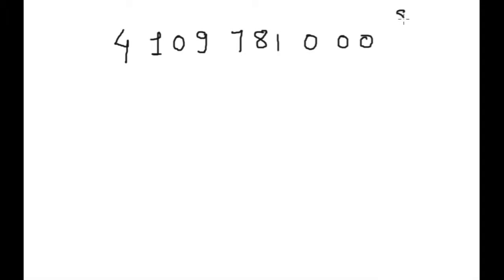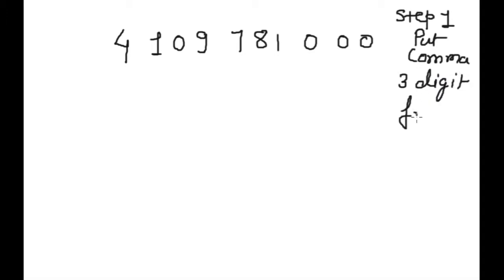So our next example is 4109781000. Step 1 is put a comma after every 3 digits from the right side.